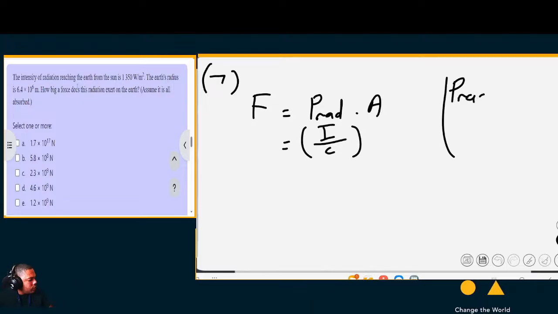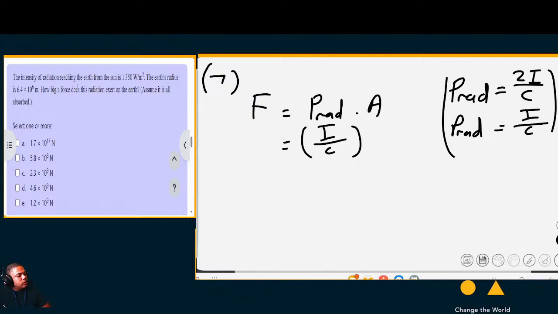The radiation pressure for a perfectly reflecting sphere like we had earlier is 2I over c. Now the radiation pressure for a perfectly absorbing sphere, like the Earth is in this case, though it is not really, is I over c. Just don't get confused: that's for perfectly reflecting and this is for perfectly absorbing spheres.